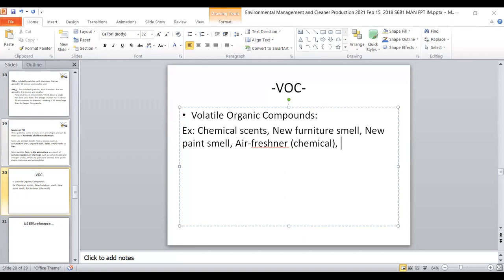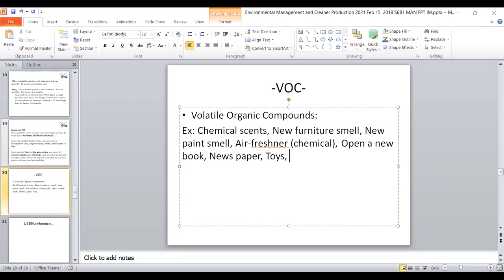Sometimes when you open a new book, you feel the good fresh smell. VOC. Newspaper, the hot one, you feel a smell. What's that? VOC. Sometimes toys, not the plastic one, but the painted one and all. The newness smell.